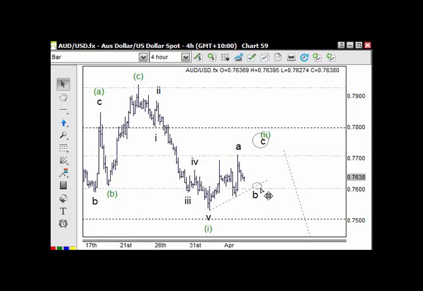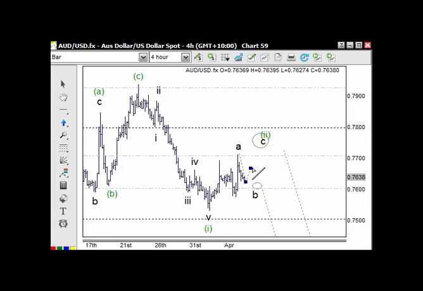This 76 is the 61.8 retracement level of wave A. So if it moves through the 61.8 and finds the 76 as the resistance, then that would be moving down from that point there, so that would have to find its way there. But while it's above that, it has the capacity to get a bit more complicated.